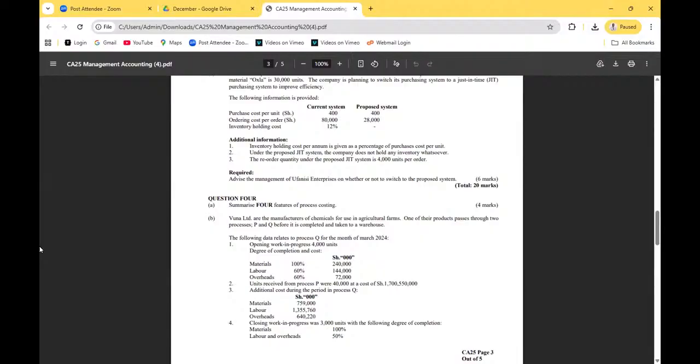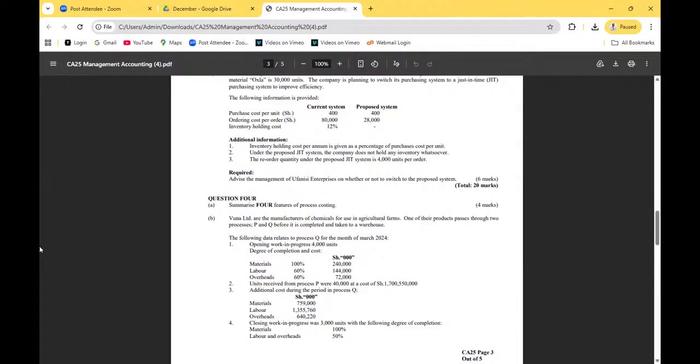Continuous production flow. So the output of process 1 becomes the input of process 2, right? Then the output of process 2 becomes the input of process 3. The final output of process 3 is the final or finished product.